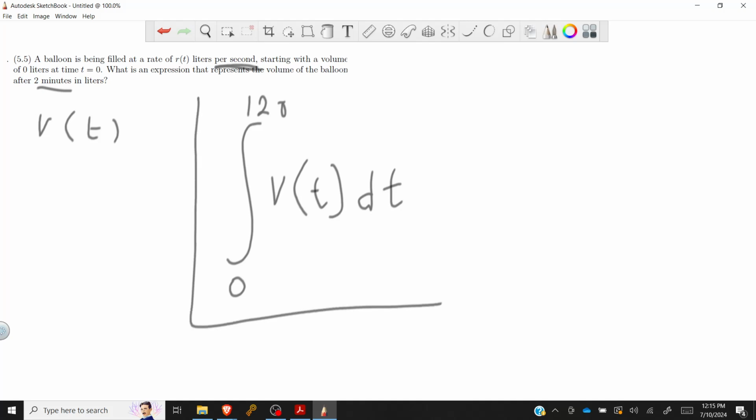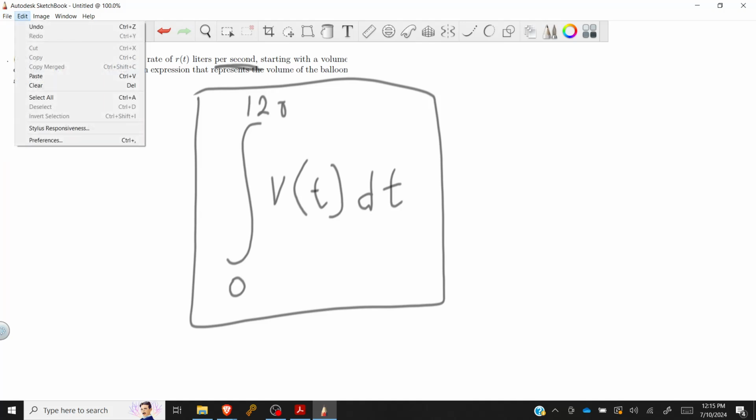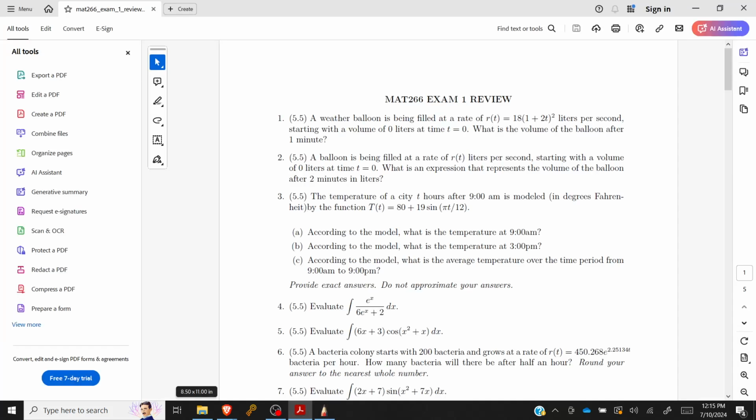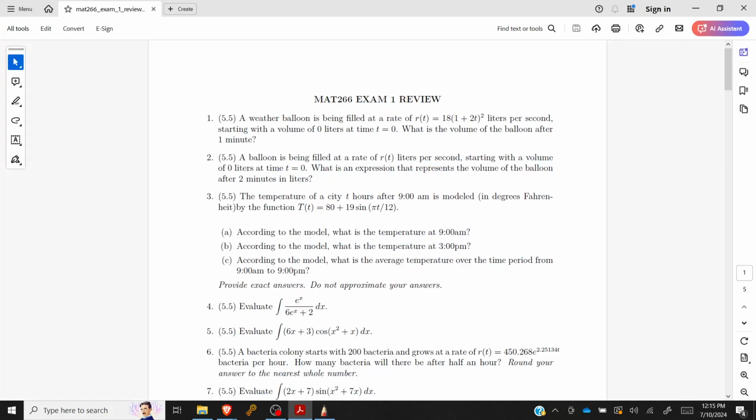So since we're not given a function definition, I think that's just going to be the answer. They just wanted you to recognize the seconds and the 2 minutes and how to set it up. Once you're actually given a function, I'm sure they have ways of doing that. But I'm pretty sure that's just what the answer is going to be. A lot of these exercises are just going to have you set up a certain equation.